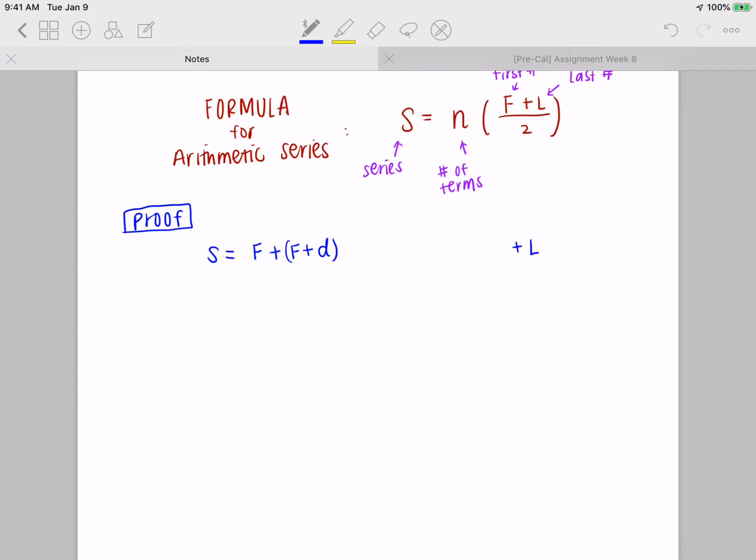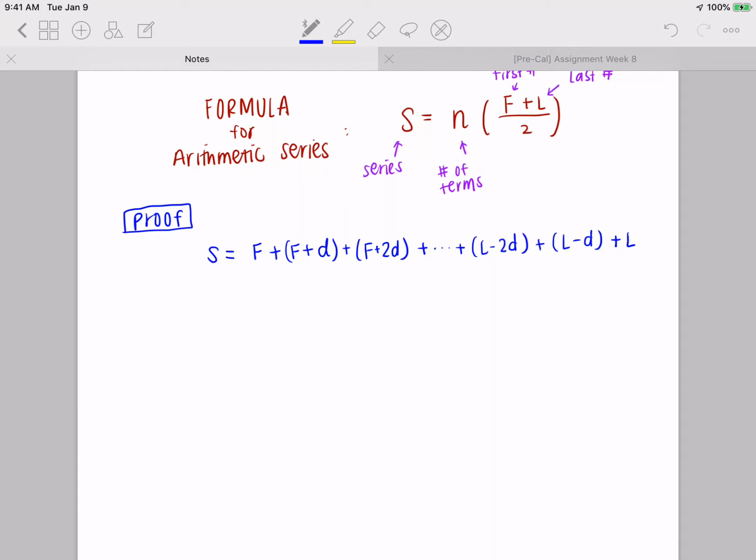D is our difference. Like, how do you get to the next term? That pattern is D. Plus F plus 2D, because I have two of those. Okay, actually, I'm going to move this till the end. Plus dot dot dot, plus, now we're going to go backward because we have L. So right here would be L minus D. And then if I subtract another D, it would be L minus 2D.